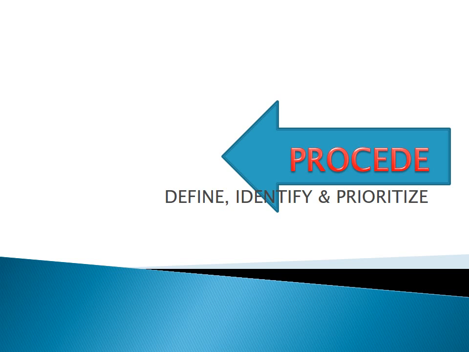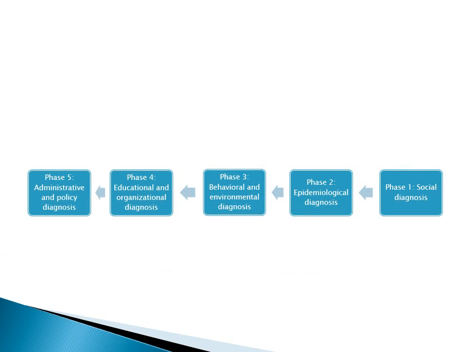So we're going to talk about each phase in this model, starting with the PRECEDE phases. These phases are where we define, identify, and prioritize information we gather from the target population. So the first 5 phases, which are the assessment or diagnosing phases, are Phase 1, social diagnosis.